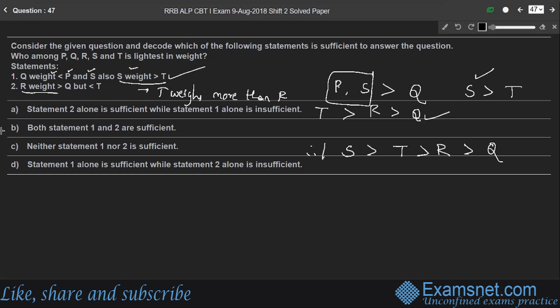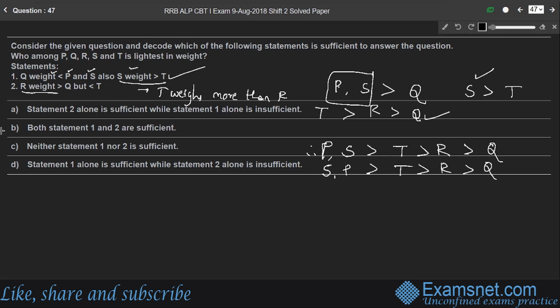They can interchange their positions: P can be greater than S, or S weighs more than P. So we'll consider S, P greater than T, T greater than R, greater than Q.